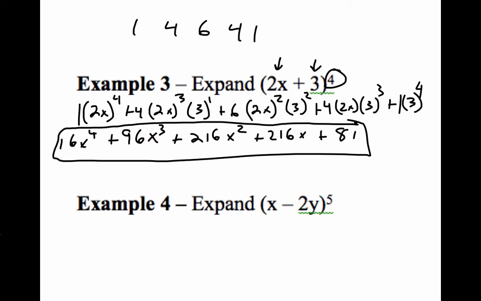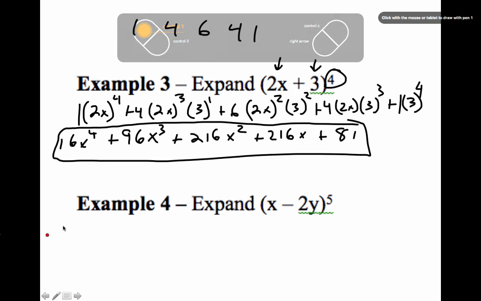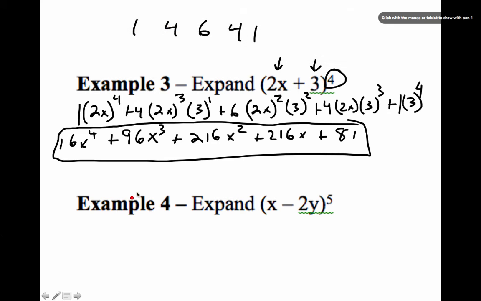Bottom one, going to watch out for your negatives. A couple of different ways we can do it. I go to my 5th row and I get 1, 5, 10, 10, 5, 1.